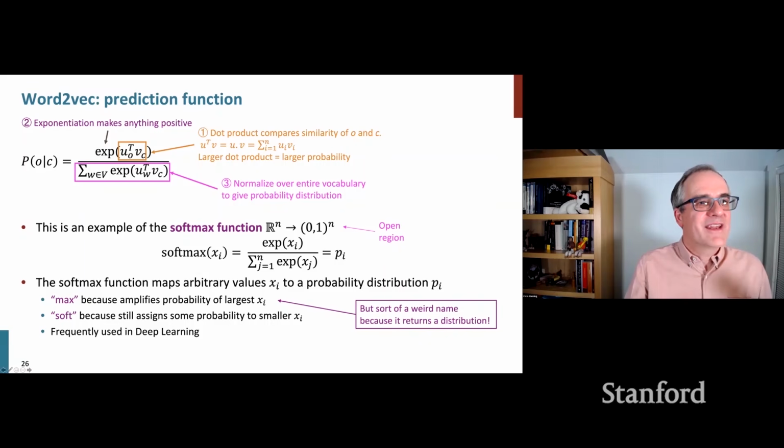So a simple way to avoid negative probabilities is to exponentiate them, because then we know everything is positive. And so we are always getting a positive number in the numerator. But for probabilities, we also want the numbers to add up to 1, so we have a probability distribution. So we're just normalizing in the obvious way, where we divide through by the sum of the numerator quantity for each different word in the vocabulary. And so then necessarily that gives us a probability distribution.